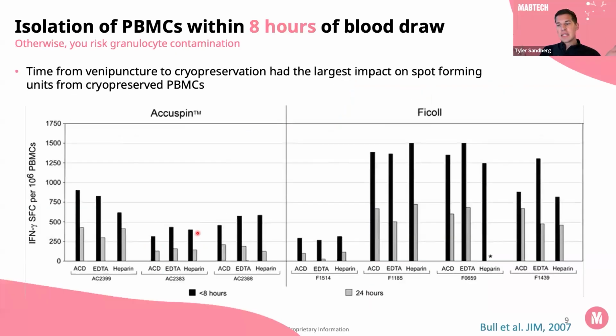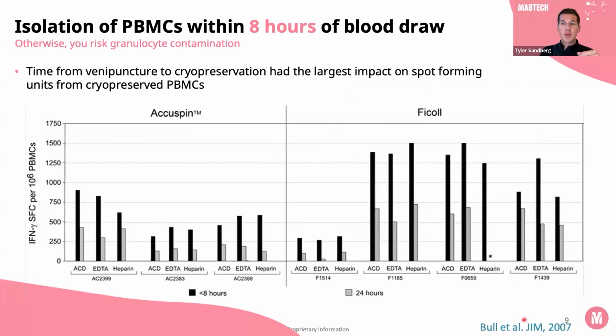The next thing to consider is the time from blood draw to PBMC isolation. It's pretty well accepted in the field that 8 hours is the maximum time you want your blood to be sitting before isolating your PBMCs.